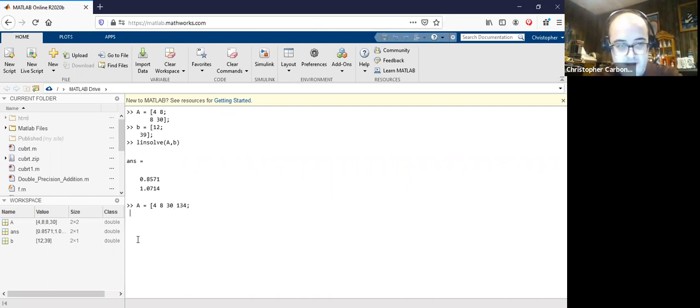A semicolon. And then we have 8, 30, 134, 642. Another semicolon. 30, 134, 642, 3,158. Semicolon. And then finally, 134, 642, 3,158, and the last term is 15,690.